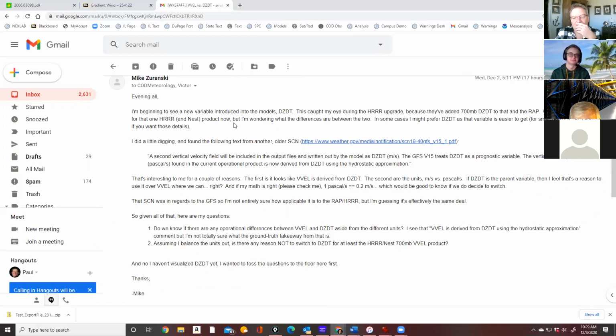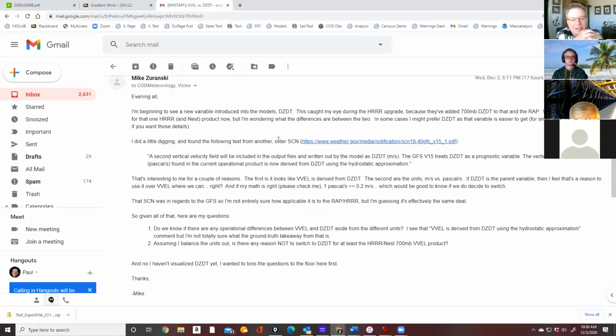Found the text. It says a second vertical velocity field will be included in the output files and written by the model as dz/dt in meters per second. It treats it as a prognostic variable.